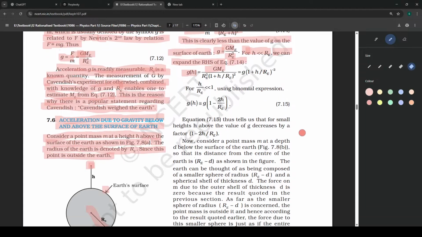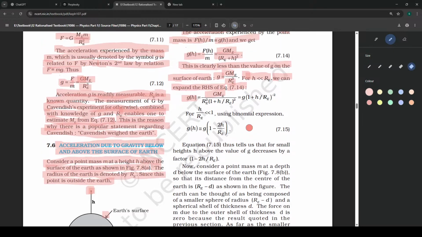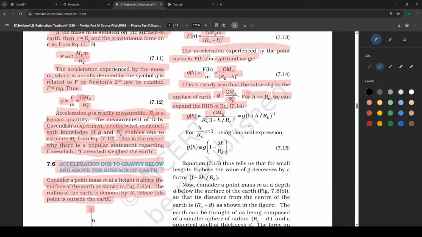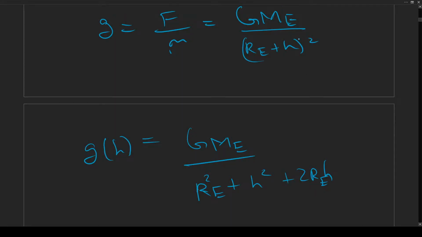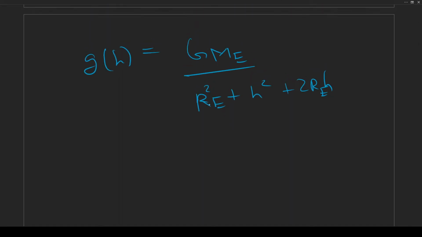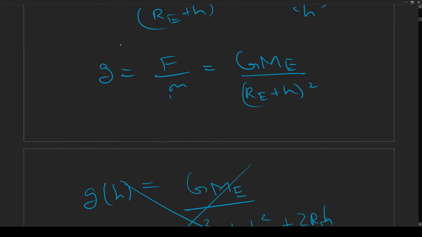I don't think that's how they expanded it here. Okay, they just took it as common. This is not the one. This is the formula here.